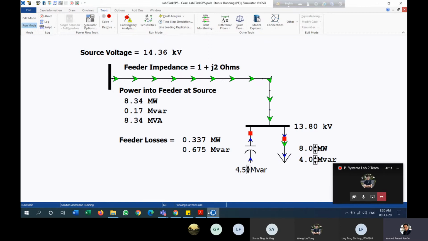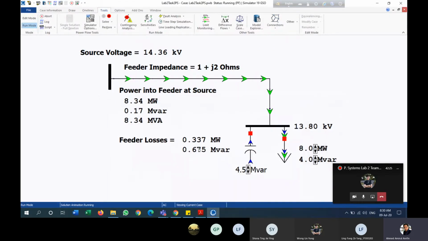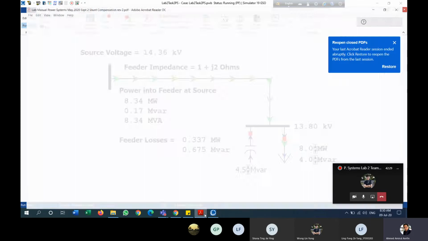So this is the real and reactive power flow, and those are the real and reactive losses.